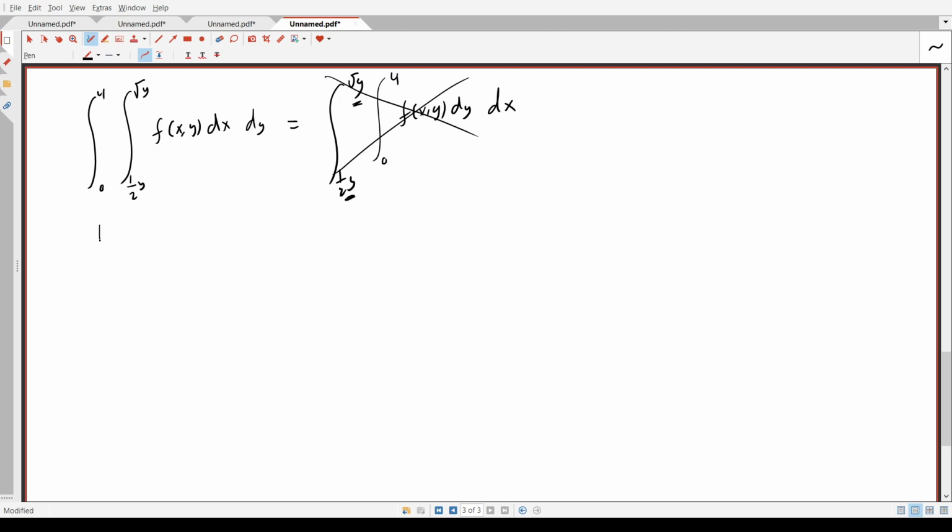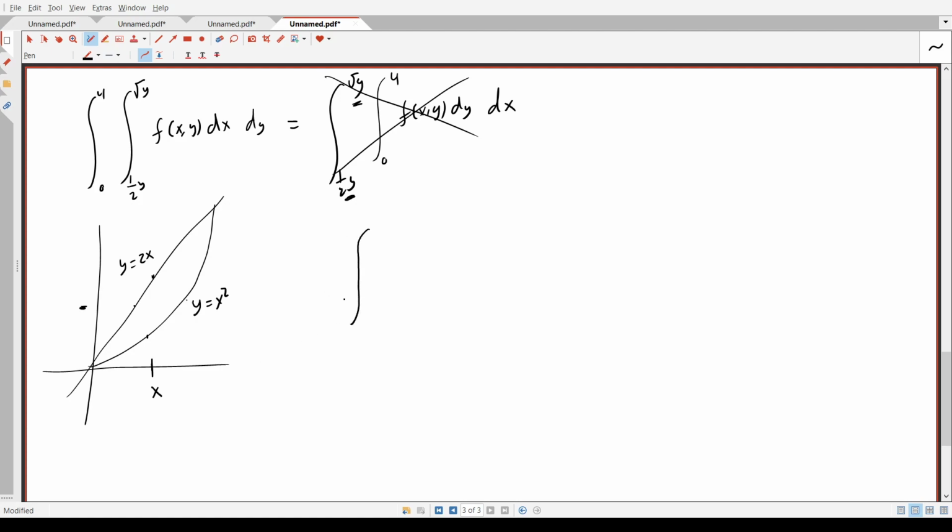So let me redraw that region. We had a curve that looked something like this. And this was the line y equals 2x, and this is y equals x squared. Okay, so last time we picked a value of y, and we said what's the minimum x and what's the maximum x. Now I'm going to fix a value of x and say what is the minimum y and what is the maximum y.